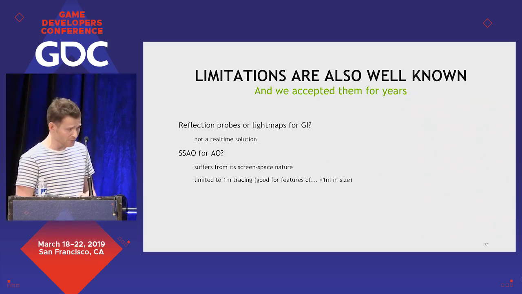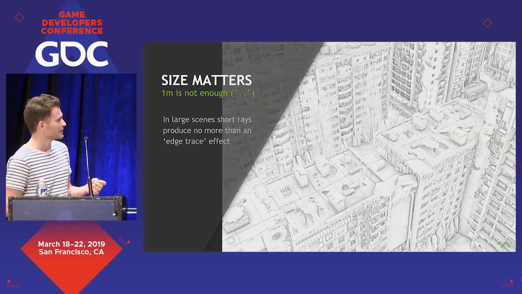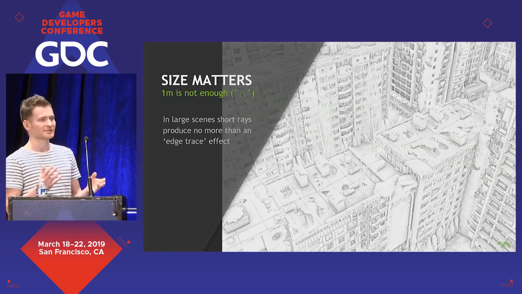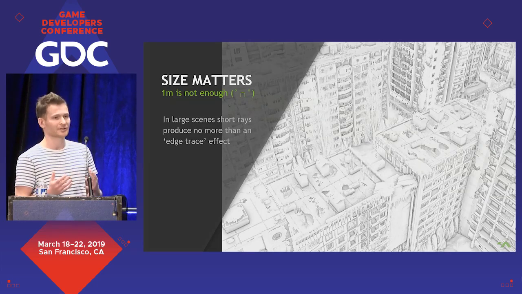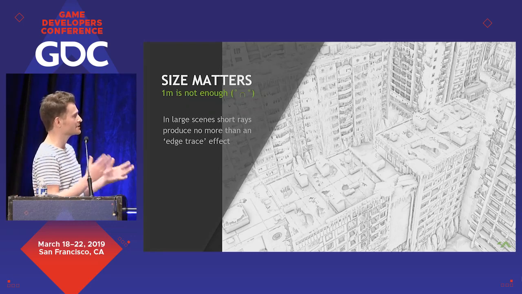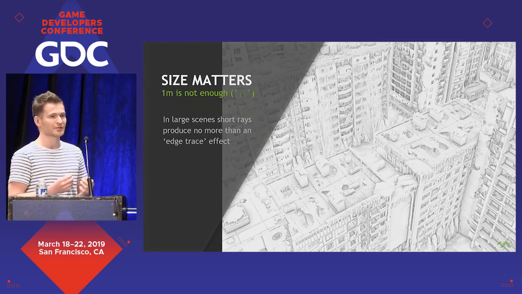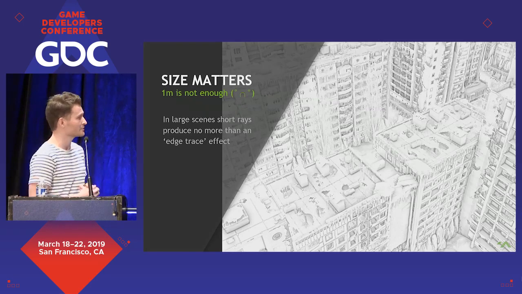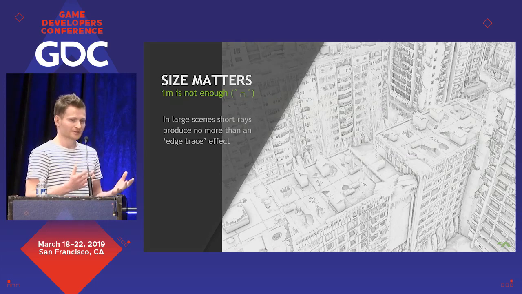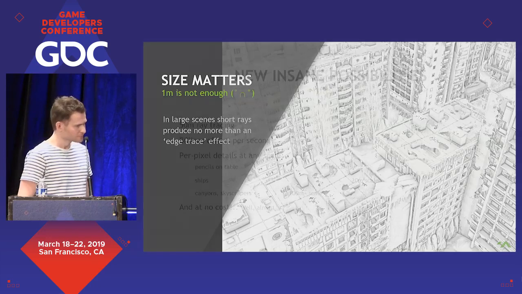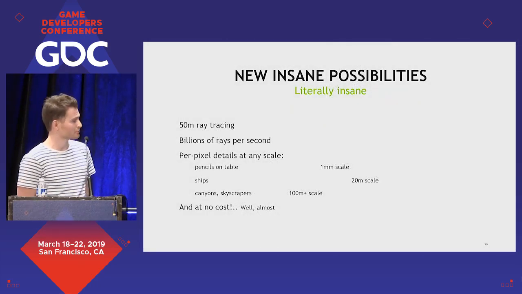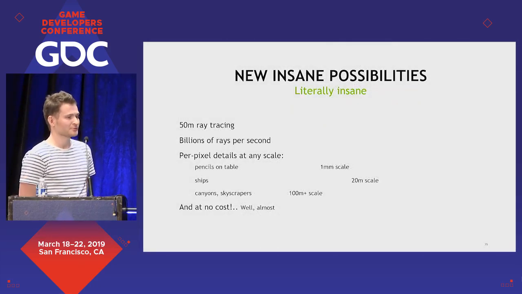But really, 1 meter is the best we can do. It even gets expensive at that. And effectively, in large scenes, in canyons, in cities, that's like an edge trace effect. And I'm really not happy. So I know that that's not the proper way, basically, to do occlusion. And then we met those insane possibilities with crazy numbers.